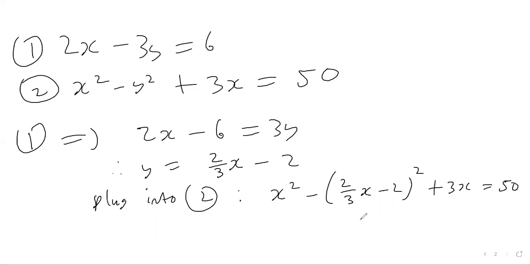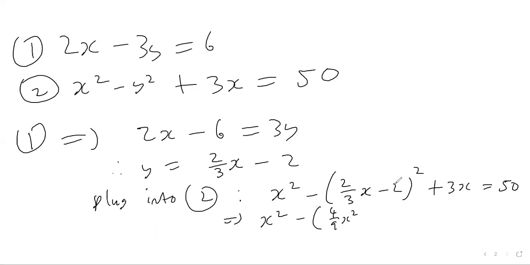And then it's just a case of simplifying the algebra. So we get x squared, and then subtract 2 over 3 x squared, that's going to be 4 over 9 x squared.